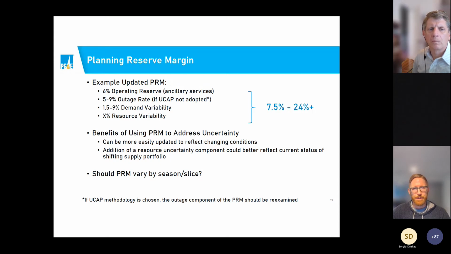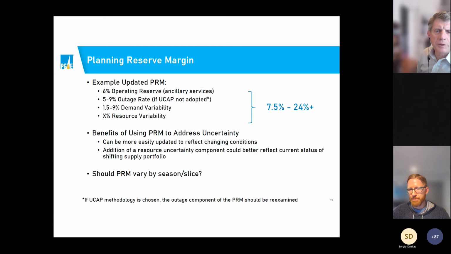For some of these, outage rates stand out in particular, you would want to get a better estimate in advance of what it should be. And I think you could do something similar for resource variability, depending on what the final framework is for renewables, for instance.